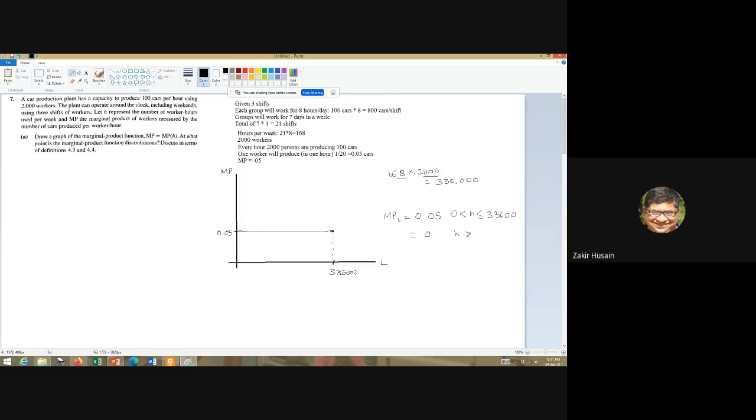After that, it becomes 0. This represents the maximum capacity of the plant.